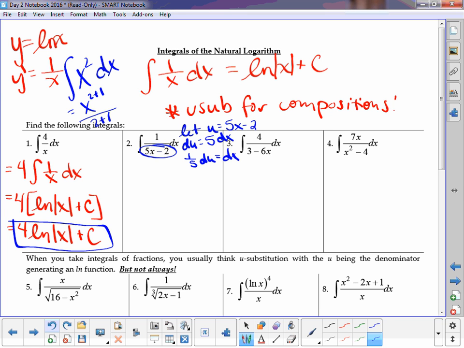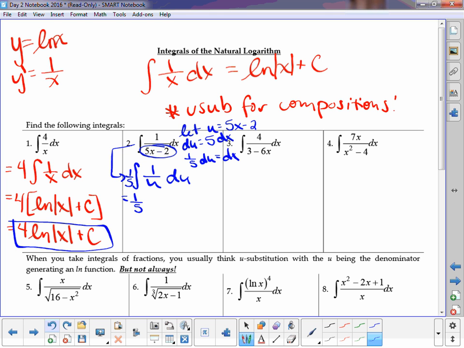Alright. So again, here's an example of when we would need to use u sub. Alright, so we'd have the integral of 1 over u dx is 1/5 du. And what is my antiderivative of 1 over u? Natural log of the absolute value of u.